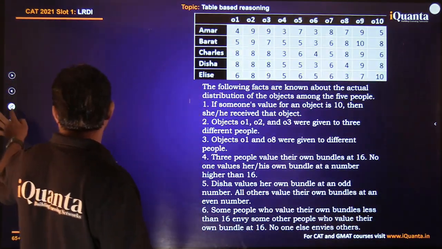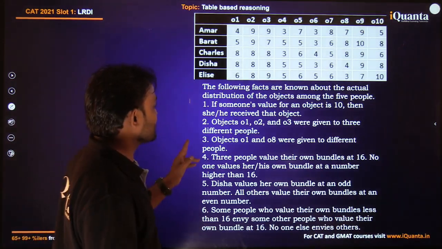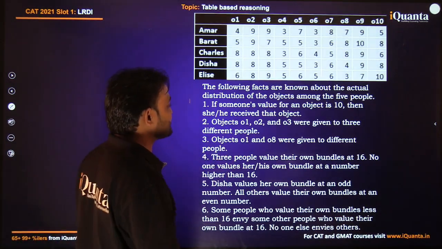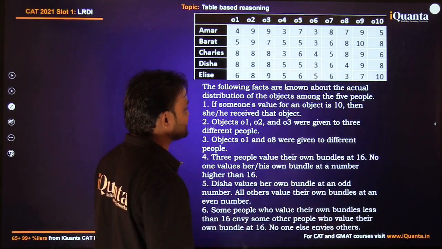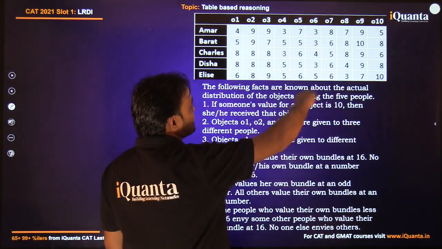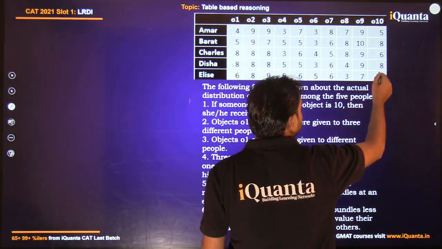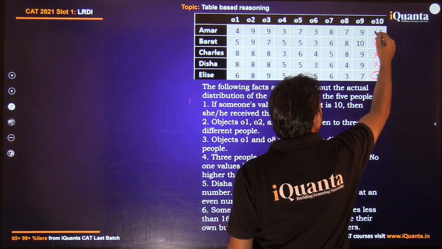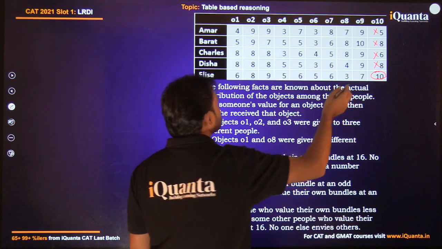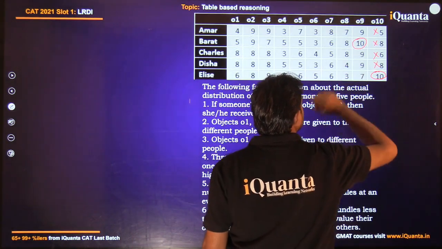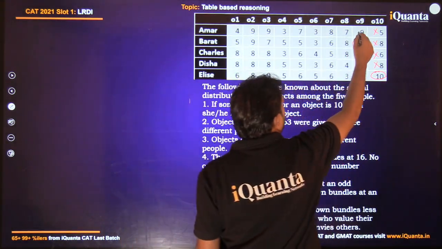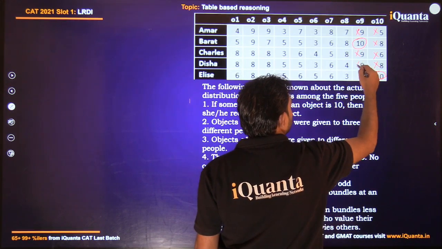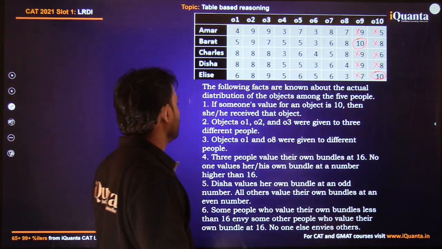What does it say? It says if someone's value for an object is 10, then she or he received that object. Where do you see 10? Can we say Alice received object 10 and now object 10 is not given to anyone else. Also Bharat received object 10 and it won't be given to anyone else.